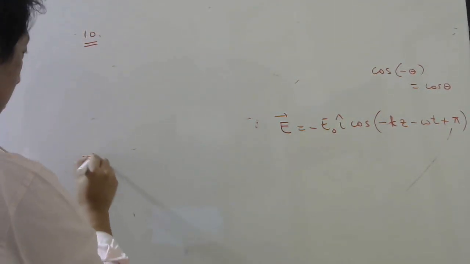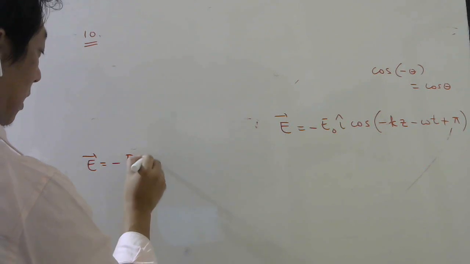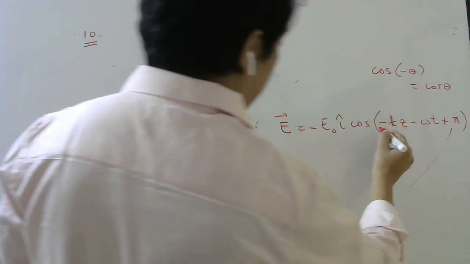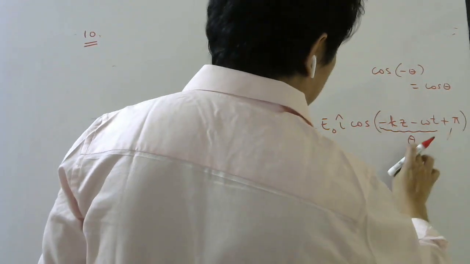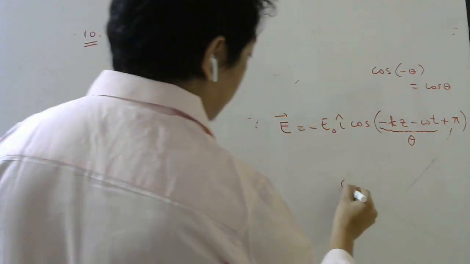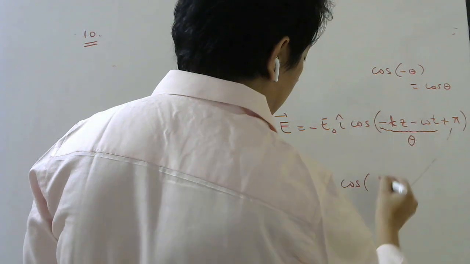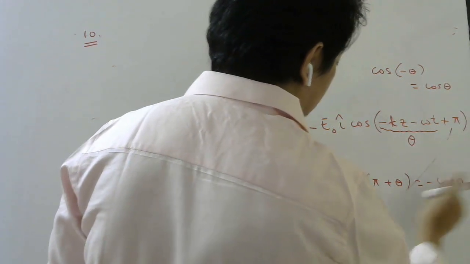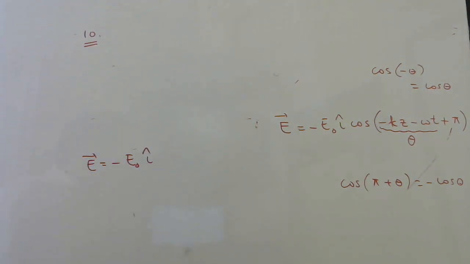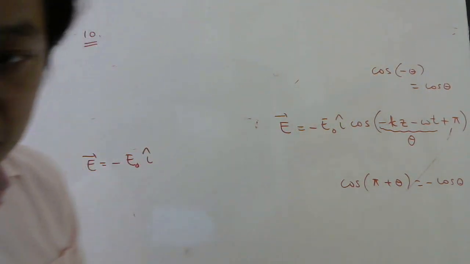So this I can write as minus E naught i cap. Now, if I think of this quantity as theta, then cos of theta plus pi is minus cos theta. This is in the third quadrant, no? In the third quadrant, your cos is negative.